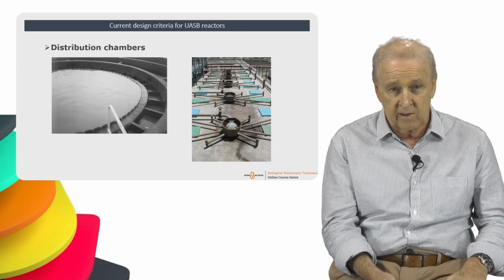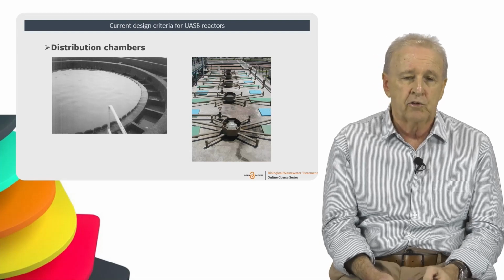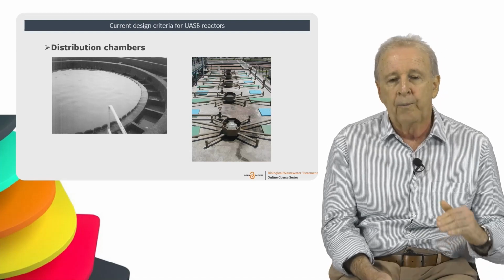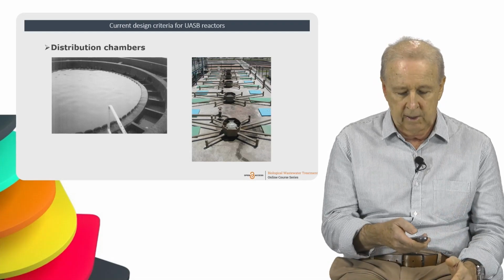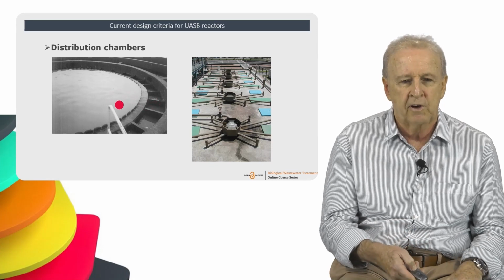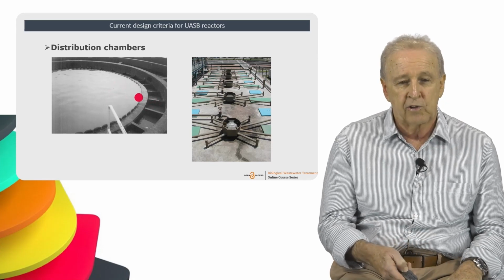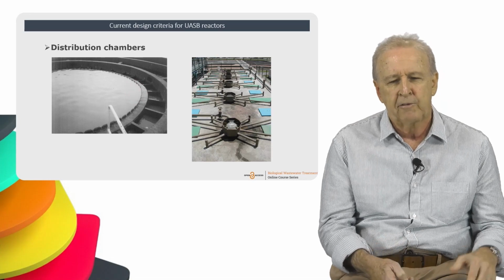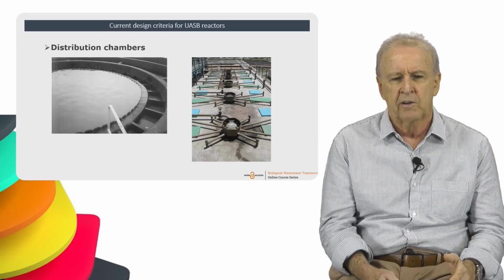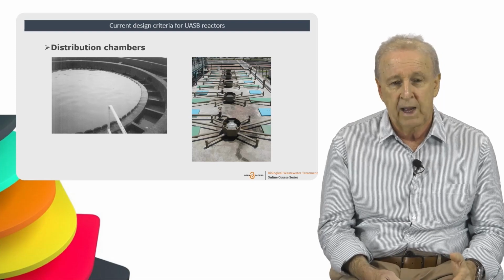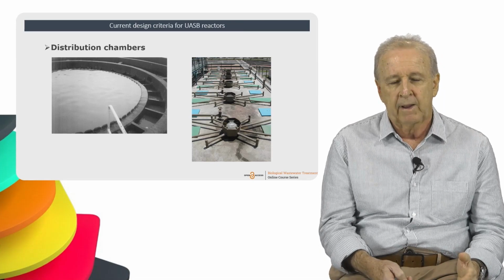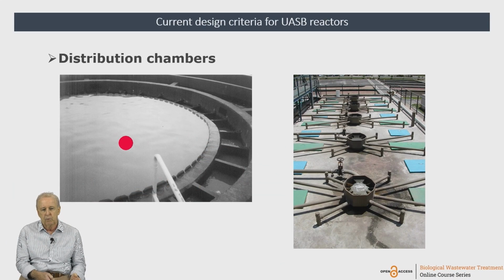Here we have some examples of distribution chambers located on top of the reactors. Here we have one distribution chamber, a very simple one, I would say more used in the first generation of circular UASB reactors. Here we have the incoming wastewater and chambers in the outer part, and on the bottom of each chamber there is one pipe that goes to the lower part of the reactor.